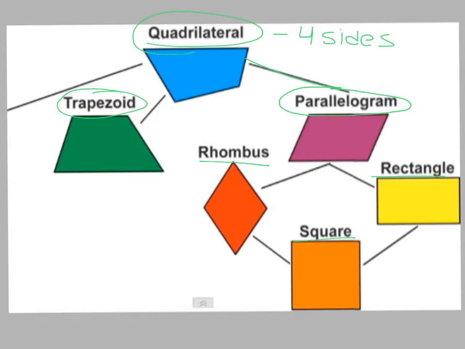And even though they all have different specific rules of their own, like a rhombus has 4 congruent sides, a square has 4 right angles and 4 congruent sides, a rectangle only has 4 right angles. But yet they are all parallelograms because they all have opposite sides that are congruent and parallel. And now a trapezoid is not a parallelogram because it does not have opposite sides that are congruent and only has 1 pair of parallel sides.